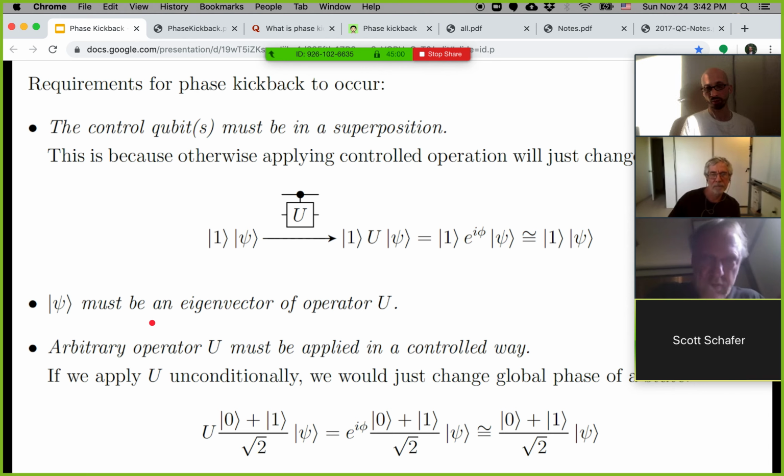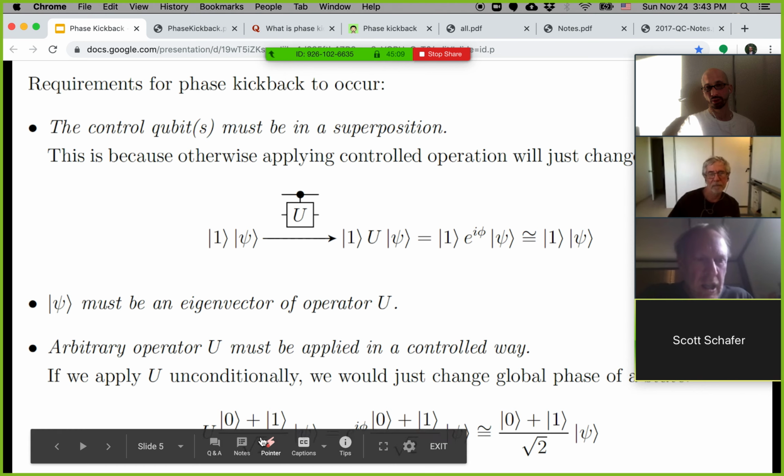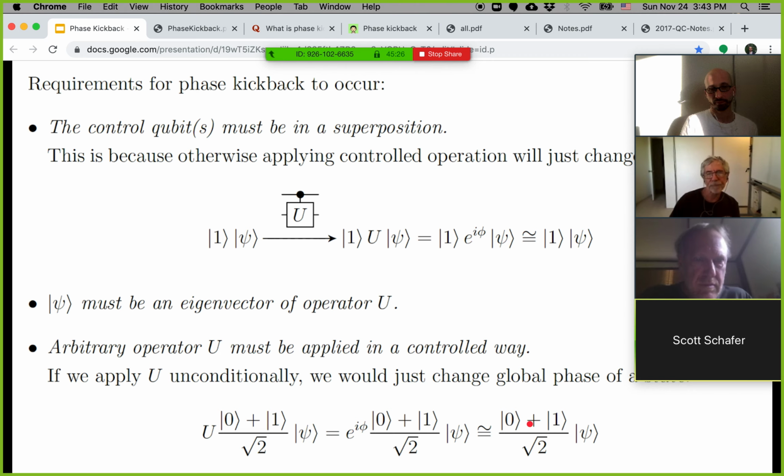And if you always apply U in this restricted case, when psi is an eigenvector of U, all we do is modify a global phase, and that again makes no physical difference. And again, we do not make any modification to the initial state. So any questions about that?